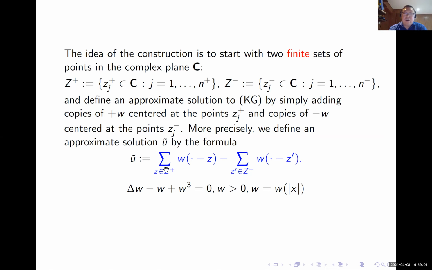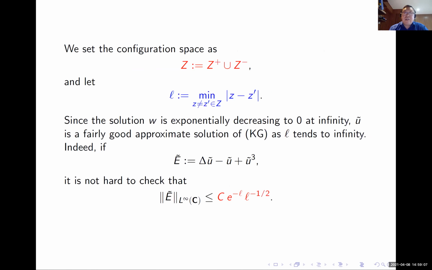Now, to make sure this is a good approximate solution, we need to assume that the distance between the spikes must be large. Because if the distance between the spikes is small, then you don't see the separation. If we assume the distance is large, then you can easily compute that the error is exponentially small.